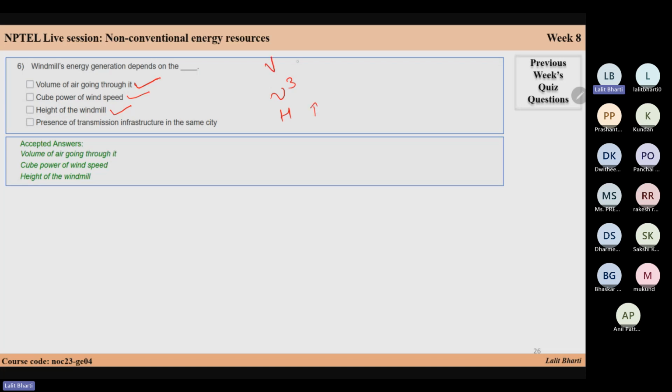So your volume, the cube of your velocity, and height, as well as the presence of transmission infrastructure in the city. Transmission is just from the windmill to your city.